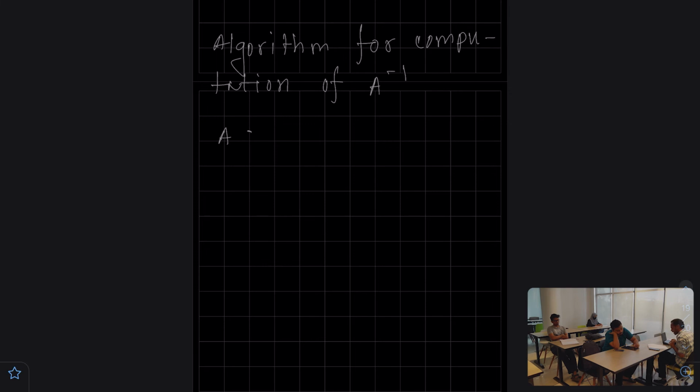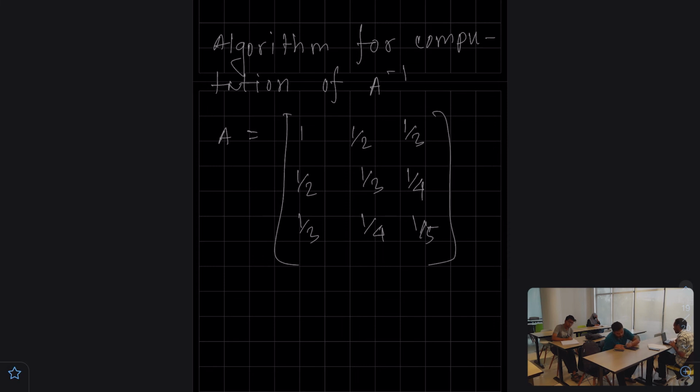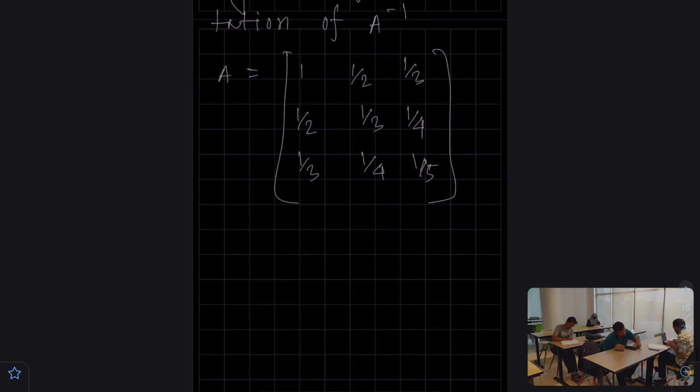Let me start with the matrix A: 1, 1/2, 1/3; 1/2, 1/3, 1/4; 1/3, 1/4, and 1/5. This is my A, and I want to find A inverse from this matrix.